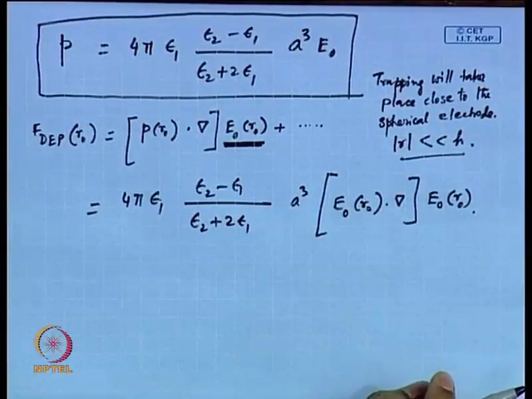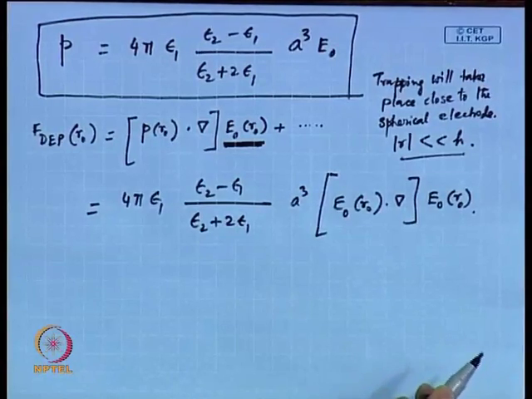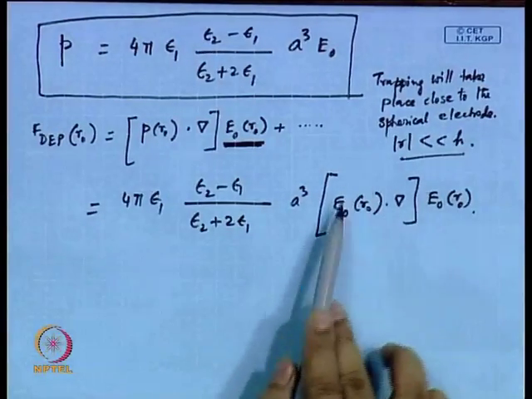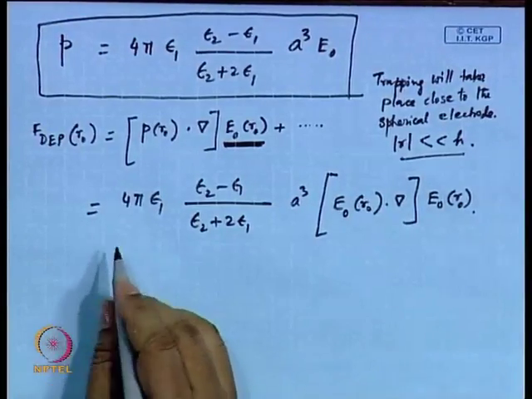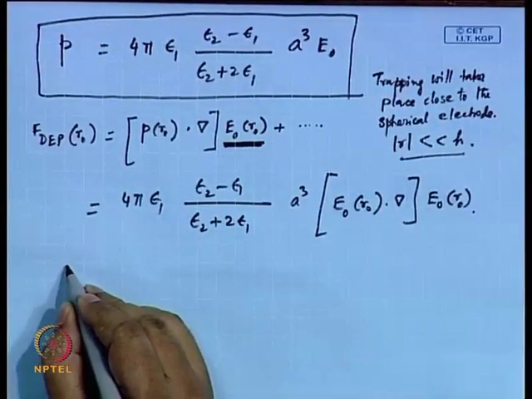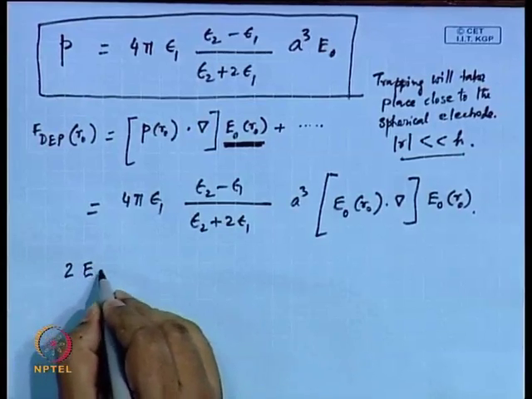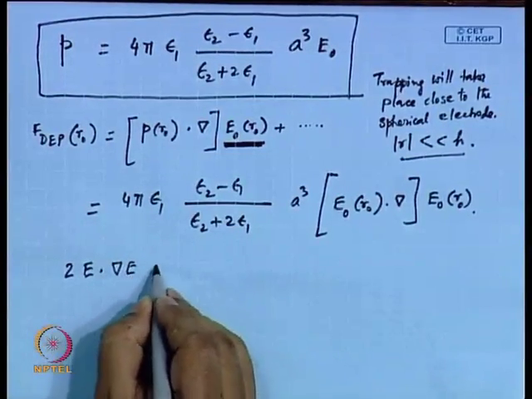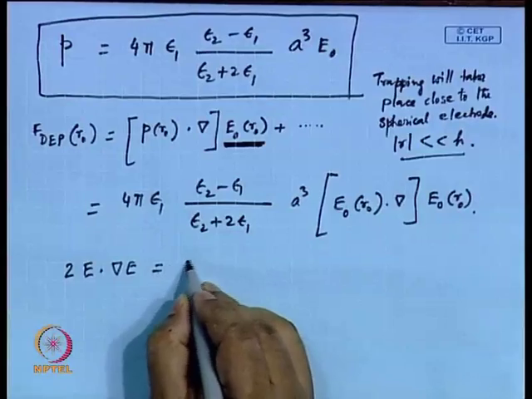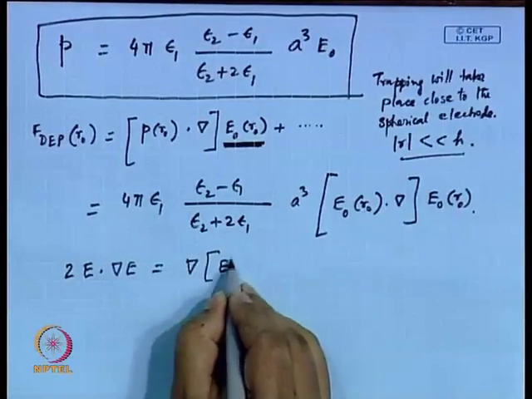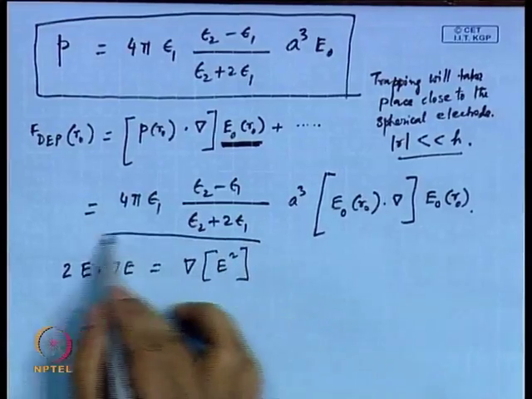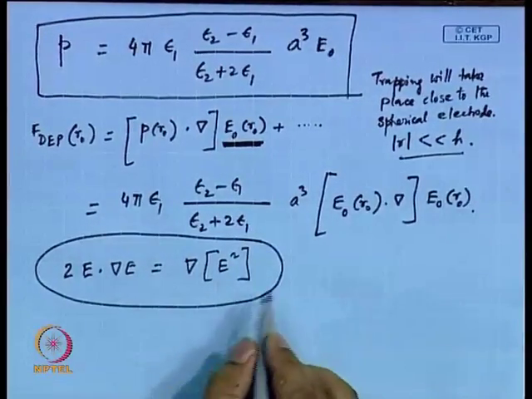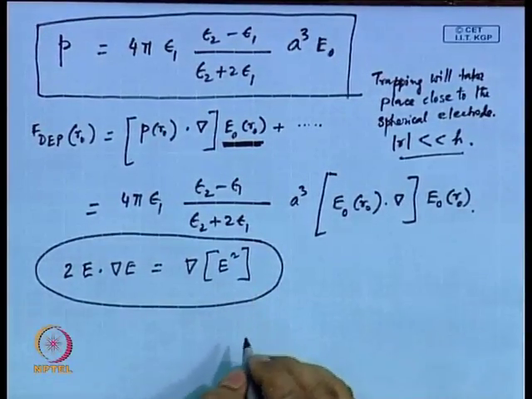Now, there is an identity to solve this equation further, which needs to be utilized. That identity is that 2 E dot delta E is equal to delta of E square. Have you seen this identity?